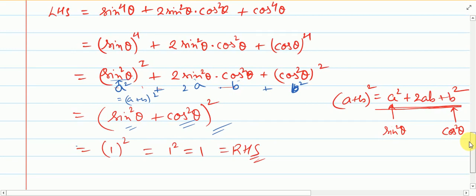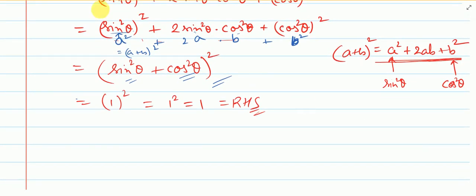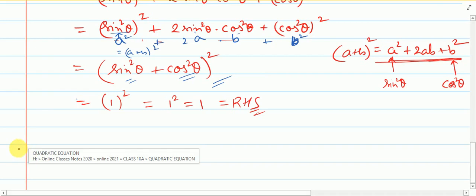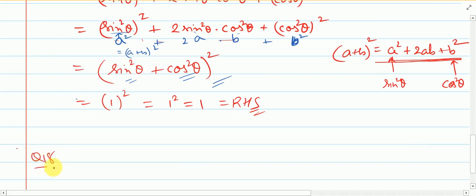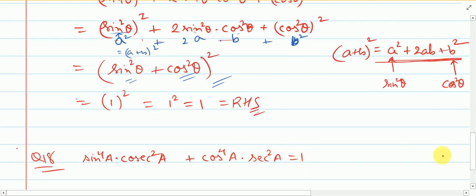18, let's see 18 now. So question 18, it is sin to the power 4a into cosec square a plus cos to the power 4a into sec square a is equal to 1.